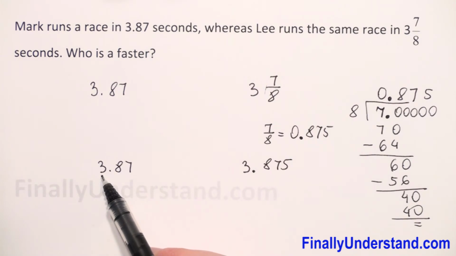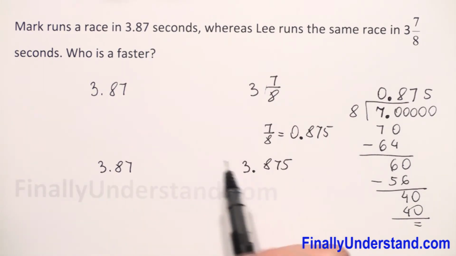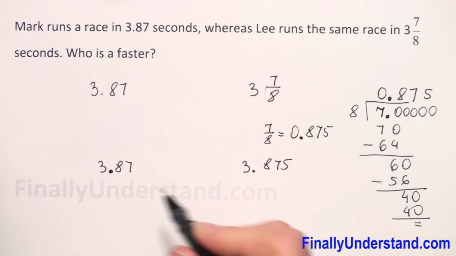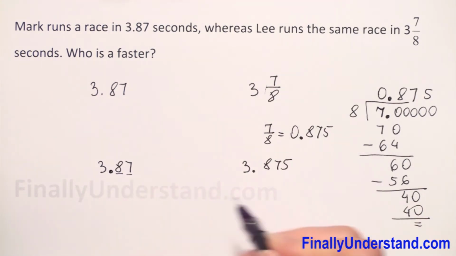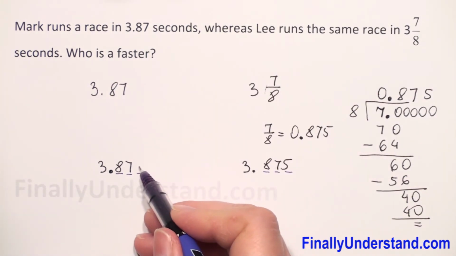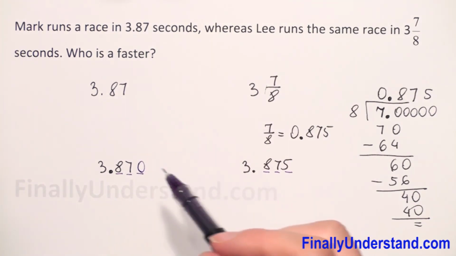Because we have the whole number 3 and 3, we have to count how many digits we have after the decimal point. We have 1, 2, and we have 1, 2, 3. So we add the third digit, which is 0. We can always add 0 after the decimal point.